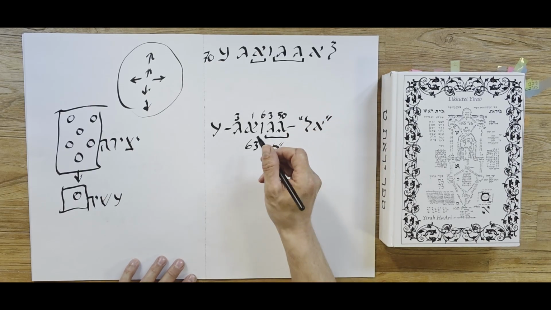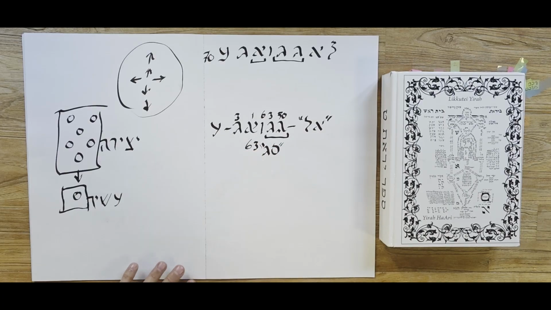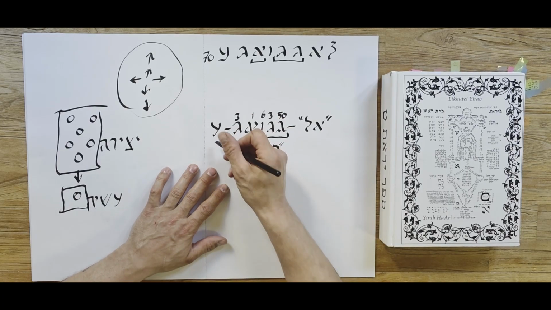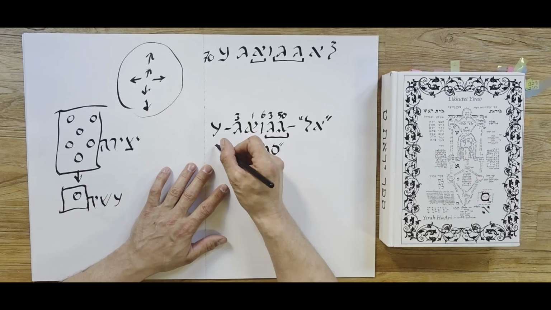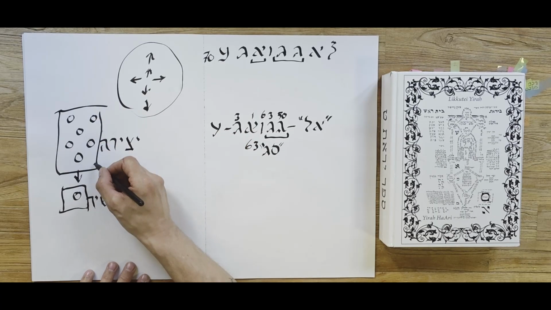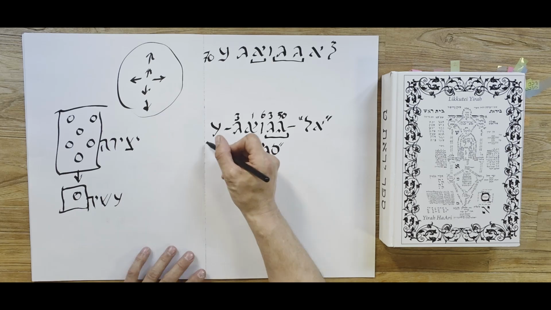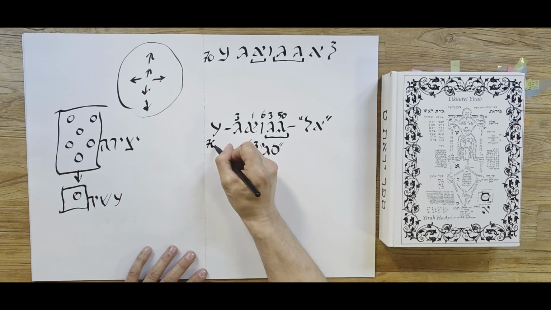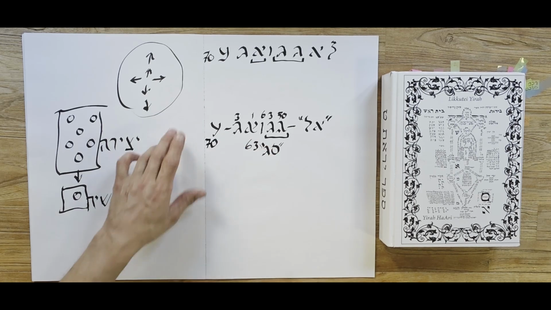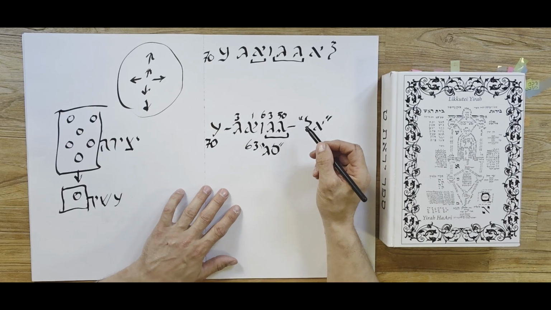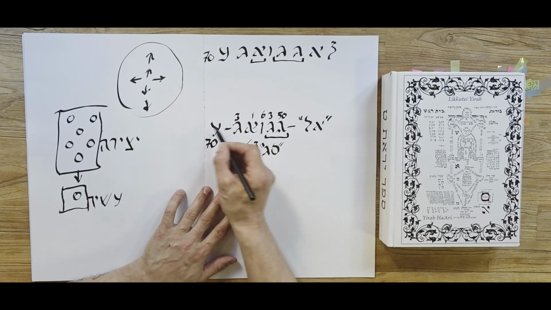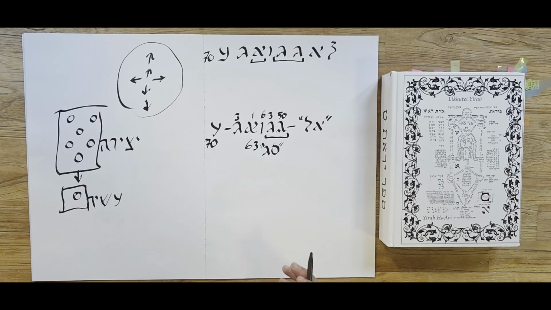So we have El, we have Bina, Beria, and then we have the 70. So you see here Zeir Anpin plus Malchut included. 6 plus 70. Confounded languages, 70 nations, 70 languages. Okay, so this is the direction.